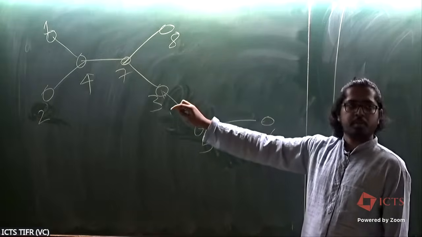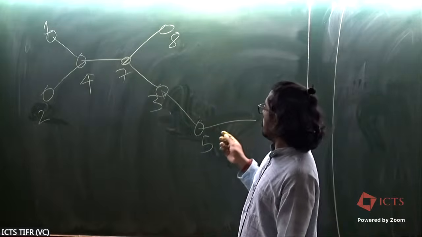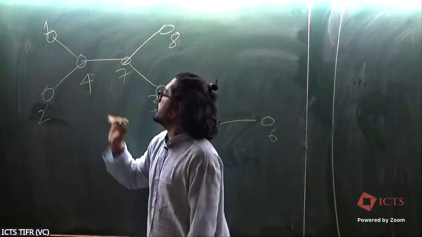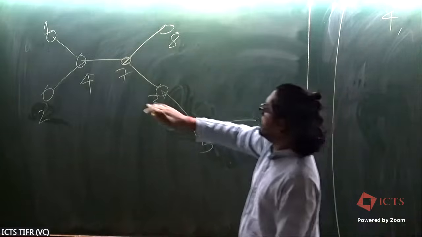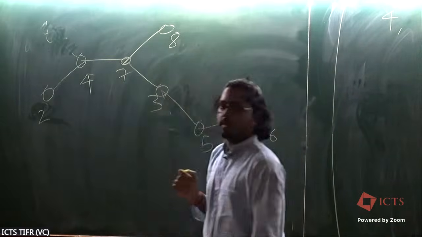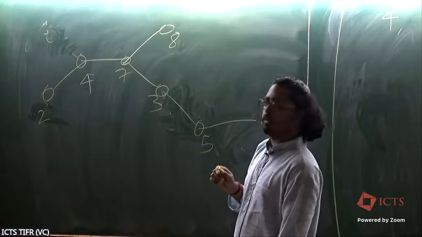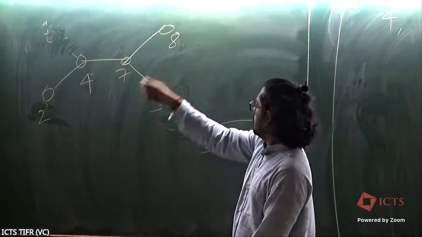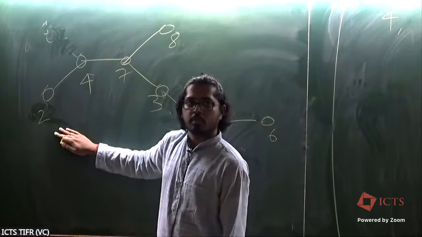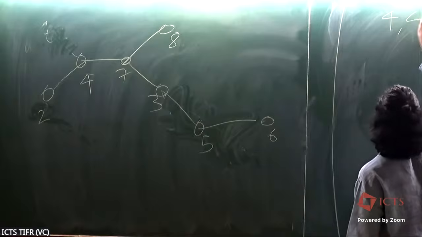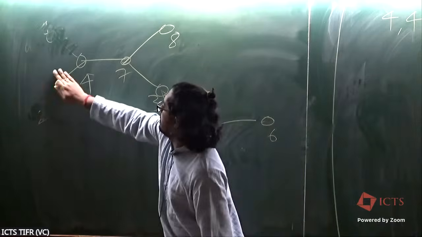What is its neighbor? It's this guy. Its neighbor is 4. So first thing I'm going to do is record 4 and delete this leaf. Repeat the process. What is the leaf with the smallest label? 2. What is its neighbor? 4. So let's record 4 and delete this. Okay, next.